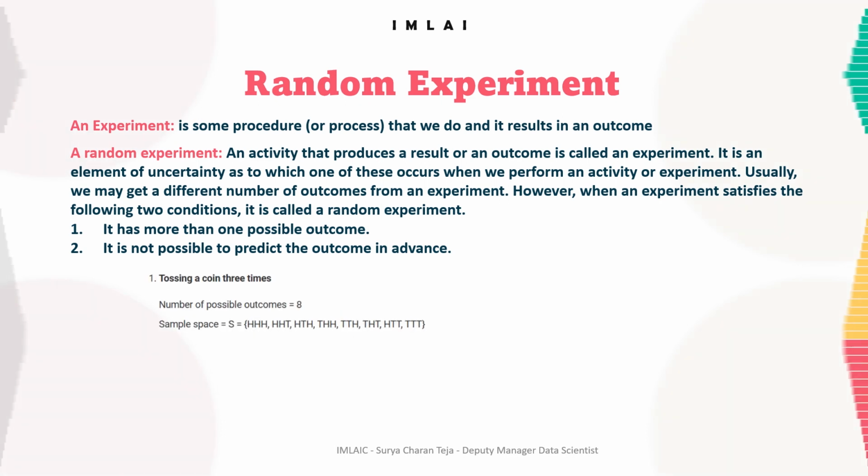So let's take a few examples for a random experiment. Tossing a coin three times. When you toss a coin three times, 2 power 3, that's 2 cube, so the number of possible outcomes is equal to 8. It's the number of permutations.